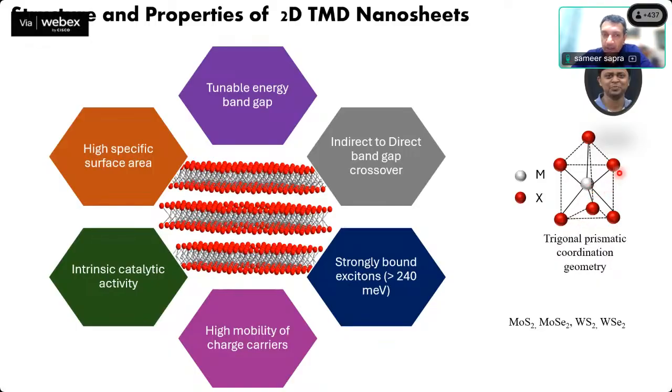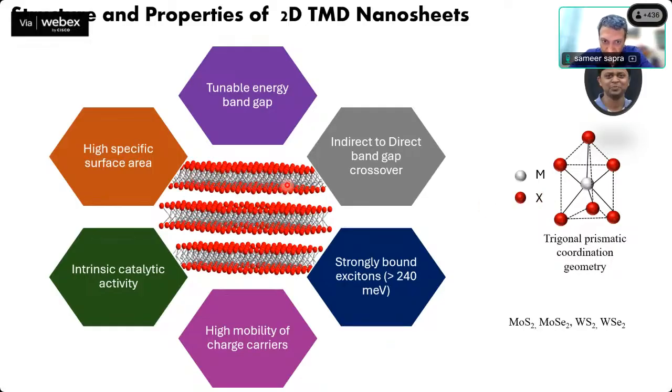Now you can extend another molybdenum here, another sulfur here, and keep on extending the same units in this direction, and one direction coming out of the screen.